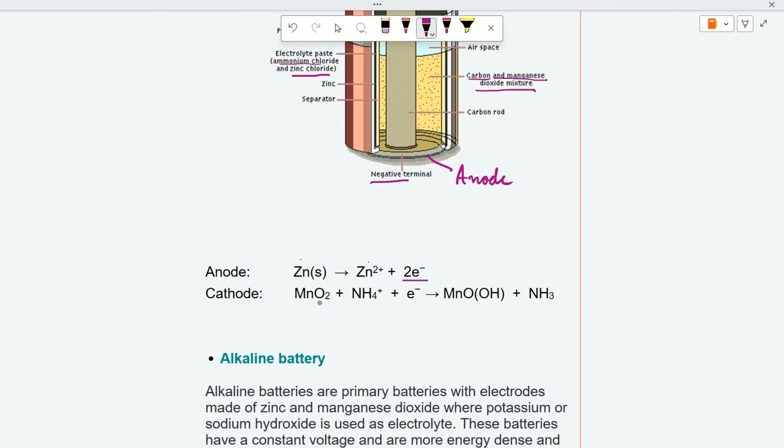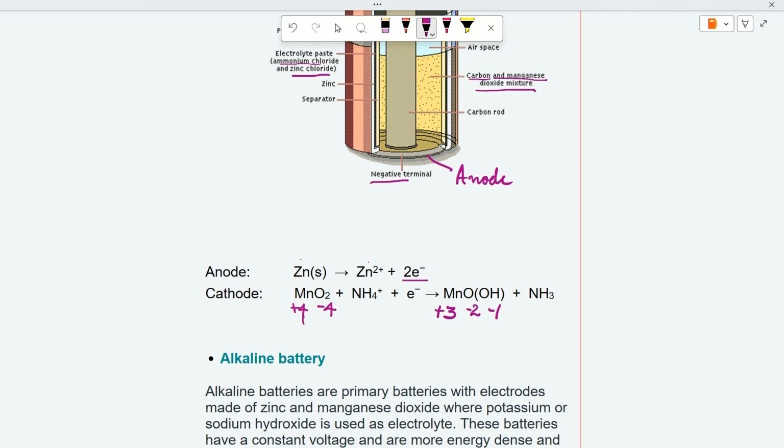In manganese dioxide, oxygen has an oxidation state of -2, and we have 2 oxygen atoms. So, that will be -2 into 2, that becomes -4, and therefore, manganese will be at the oxidation state of +4. When it goes over here, of course, oxygen will have a -2 charge, while OH has only a -1 charge, and that means manganese will be offering a positive charge of +3.